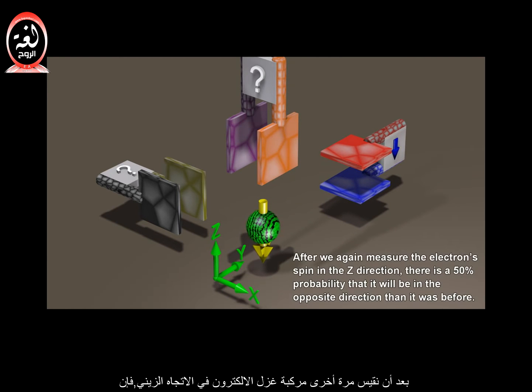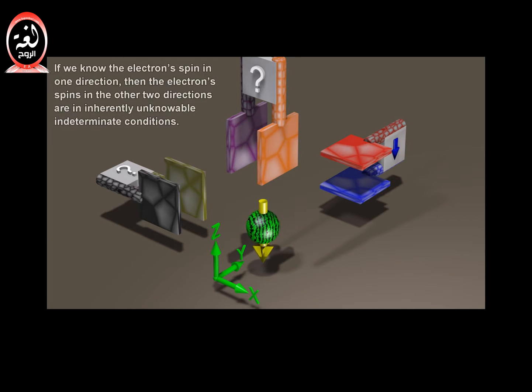After we again measure the electron's spin in the z direction, there is a 50% probability that it will be in the opposite direction than it was before. If we know the electron's spin in one direction, then the electron spins in the other two directions are in inherently unknowable indeterminate conditions.